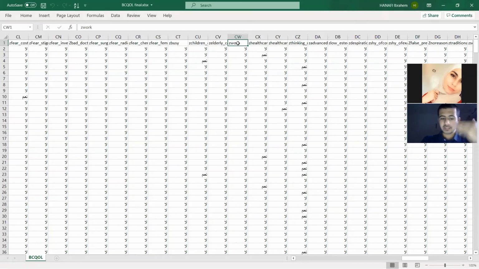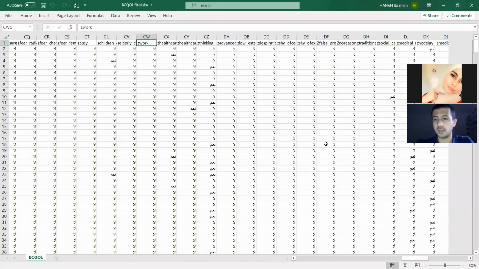Then I put a definition into my notebook or on another sheet to understand what the word stands for, because when I'm converting them into SPSS, a big title for that column would be difficult.